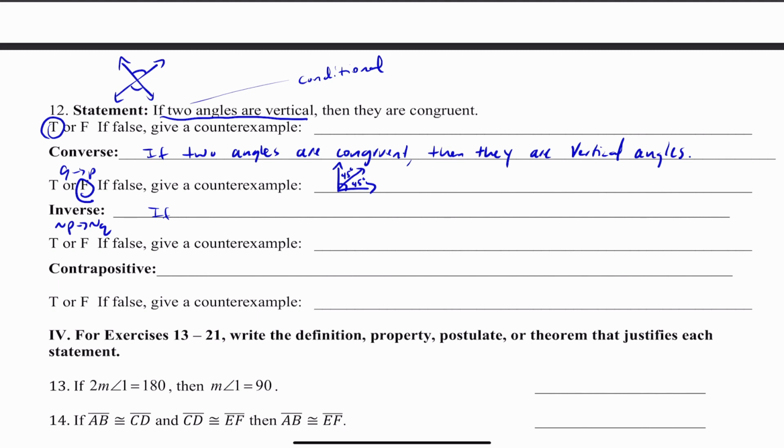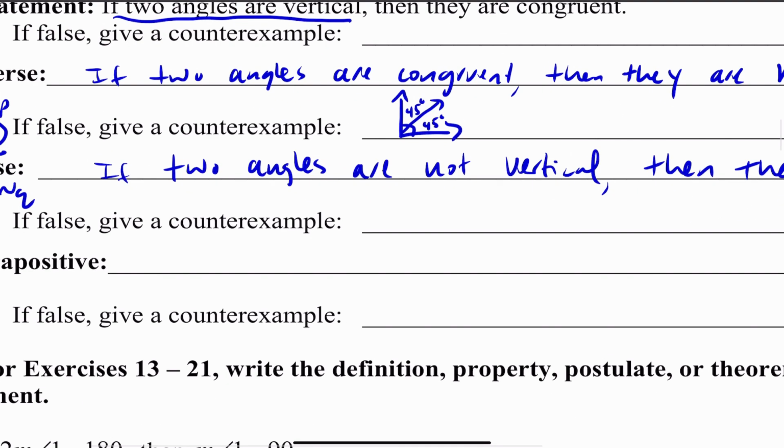Inverse. That would be not P, not Q. So if two angles are not vertical, then they are not congruent. It's saying that if you are two angles but not vertical, does it mean that you're not congruent? Well, here I have these two angles.